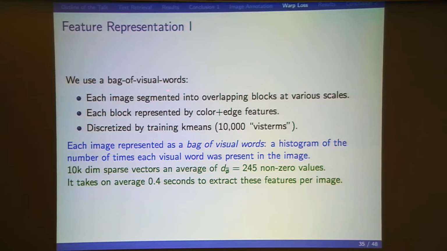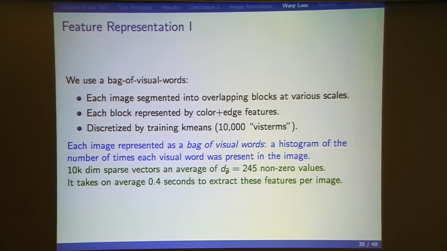So this is something where you segment into overlapping blocks at various scales. I mean, this is just one way; there's lots of different ways. You would represent each block by color and edge features, and then you basically run k-means with 10,000 centers on those things.